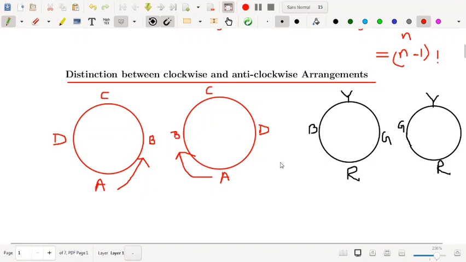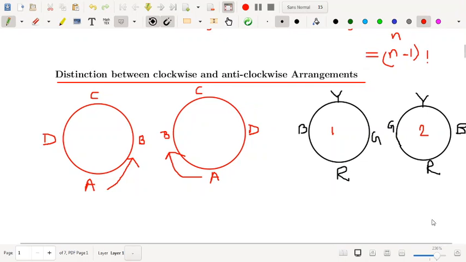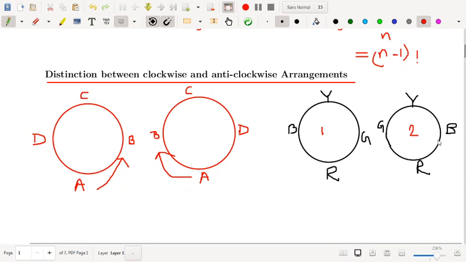But if you place red, green, yellow, blue flowers in a garland, this is one arrangement, number 1, and this is number 2. You see blue is here, but they are not different.